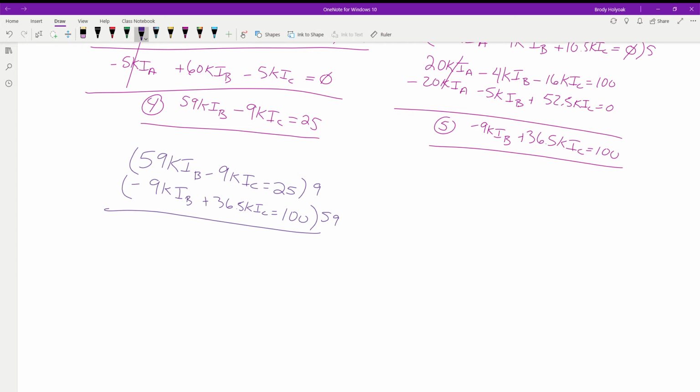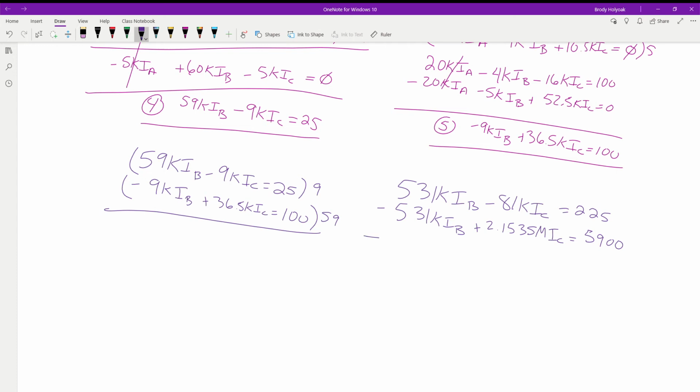And so that gives us 531K IB minus 81K IC, and that is equal to 225 for the first equation. Second equation, we're going to get the negative 531K IB plus 2.1535 meg IC is equal to 5,900.